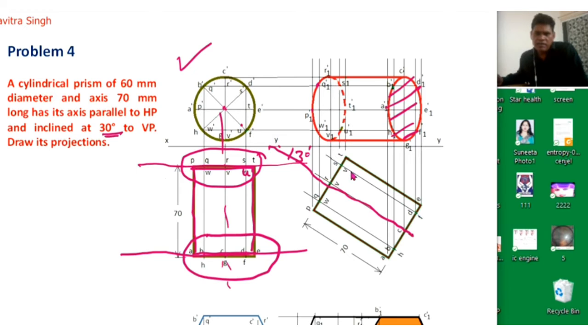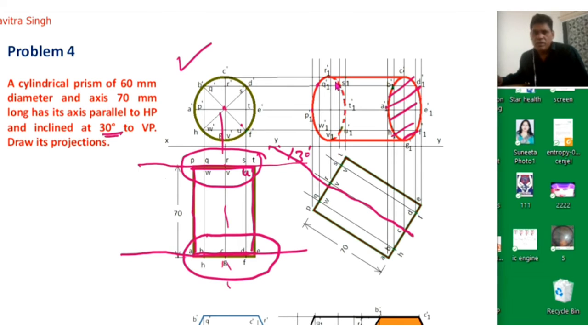So you can see when we are looking at this from this side, we can see only P, Q, R, W and V points clearly, and the remaining points will be on the back side. So we will project these points with dotted lines.